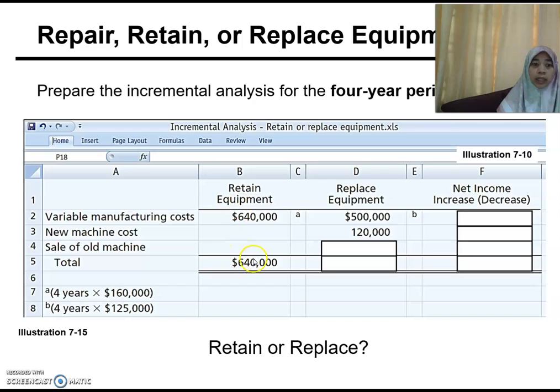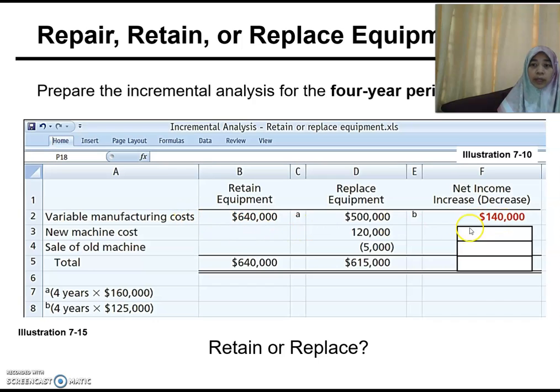But if you retain, you won't get that revenue from the sale of the old machine. Because you are looking at it from the cost perspective, revenue is considered a negative item. So your cost is 615,000.